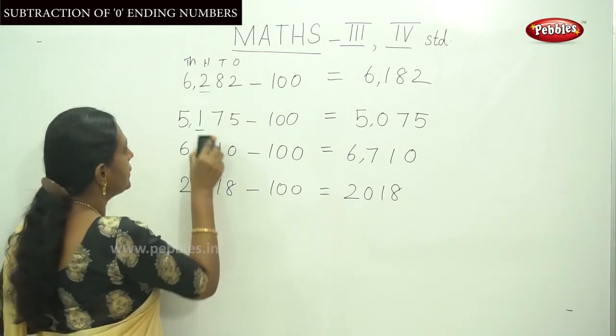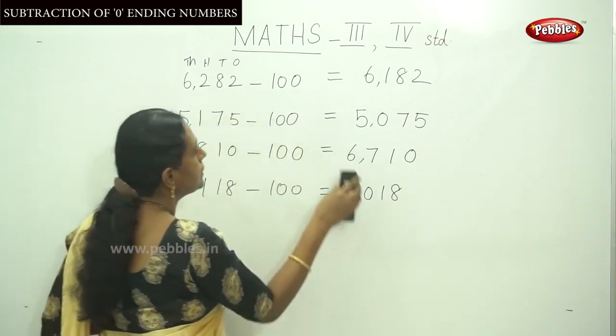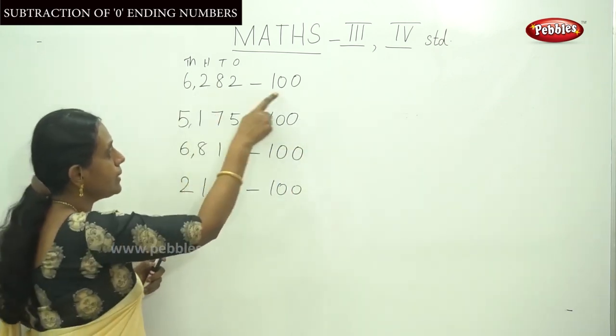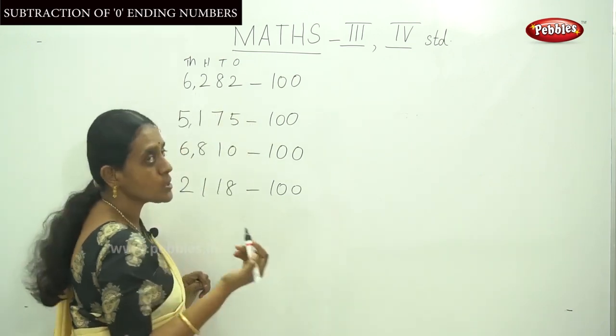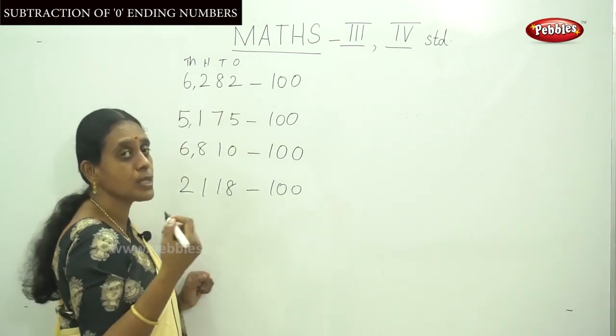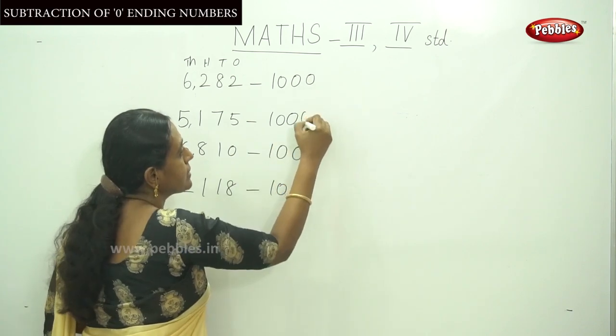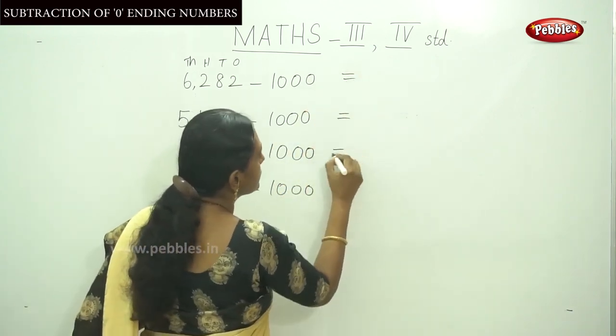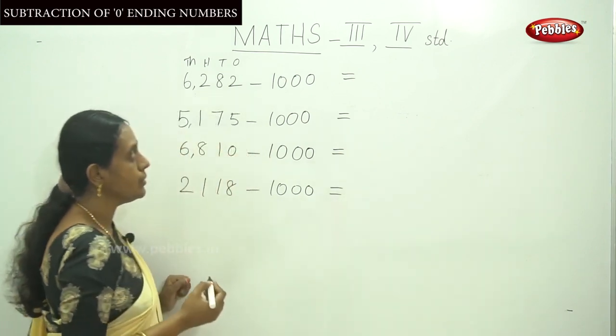We can do the same numbers by changing only the subtrahend. This is the minuend and this is the subtrahend. Suppose you have to subtract 1000. How do we write the answer? Let me do it now.